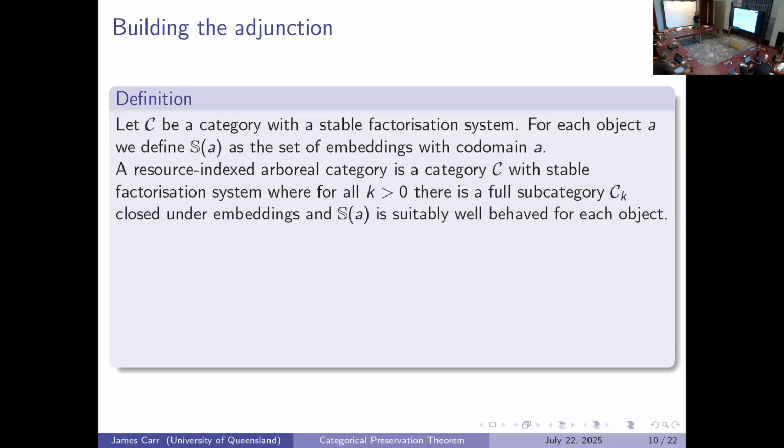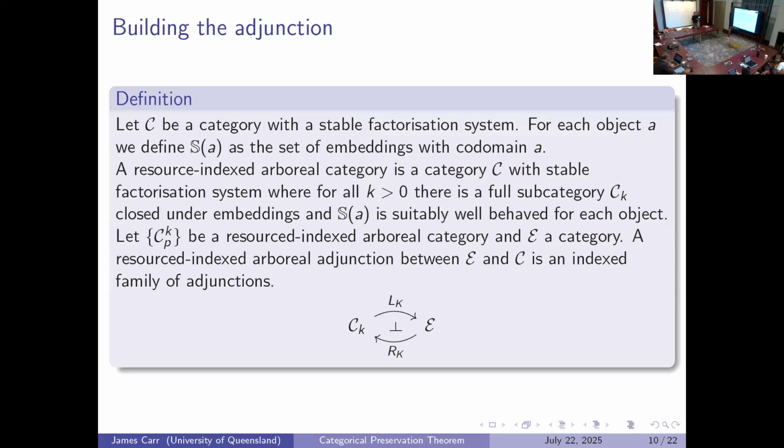And then a resource indexed arboreal category, a special kind of category, is one with a stable factorization system where for each positive integer there's some full subcategory that's closed under embeddings, and for which a significant number of properties of these subobjects have to hold. I didn't think it was particularly informative to go through all of them in depth, but the key point is that it's related to the behavior of embeddings of objects. That's what's necessary for this, and those are the key properties at play.